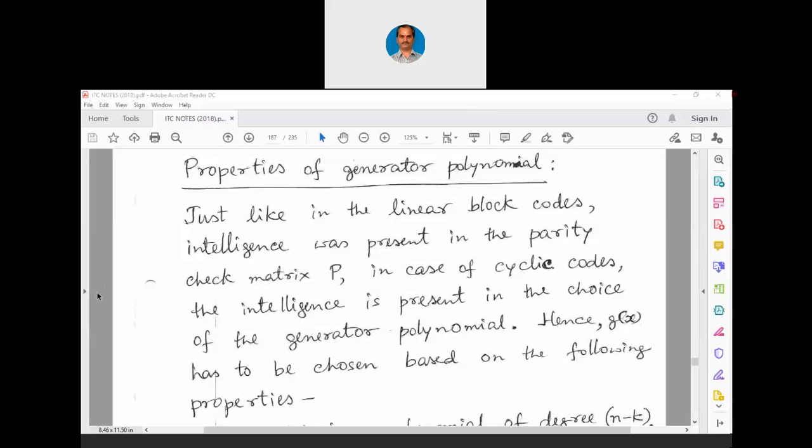Now similarly, in the case of cyclic codes also, even though till now the generator polynomial is given, it is we who are going to decide what must be the type of the generator polynomial and in what way the generator polynomial has to be intelligent. Hence, g of x has to be chosen based on some properties.